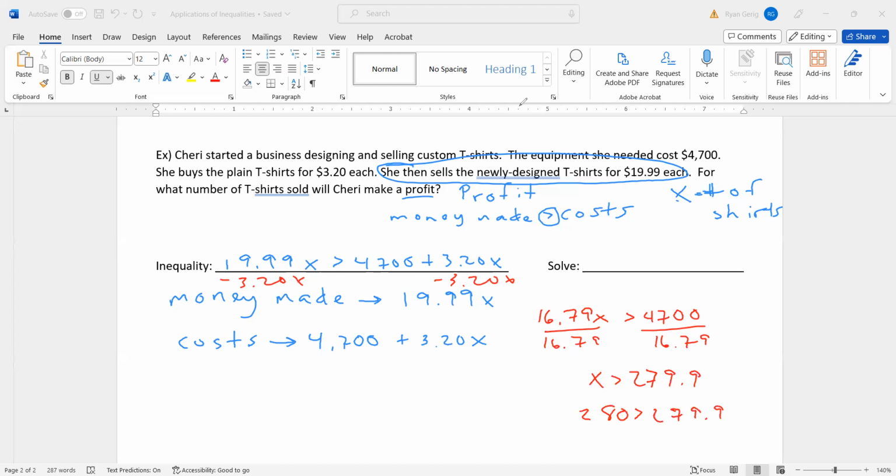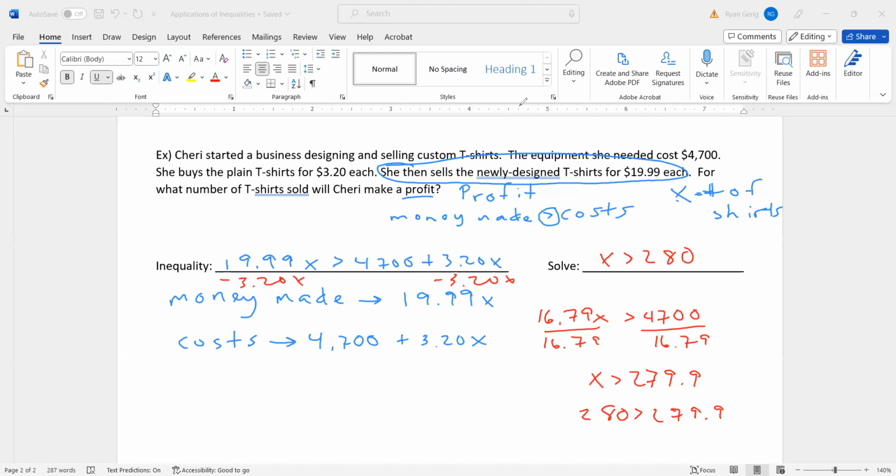Now, you've got to be careful though, because if I write X is greater than 280, that's actually not correct because 280 would not be a possible solution. So we have to remember with this situation here that I've got to include 280 as a solution.